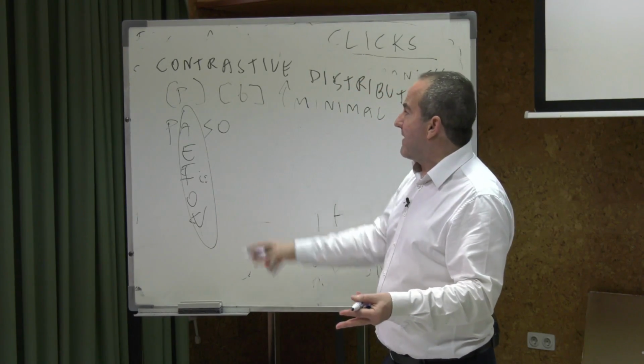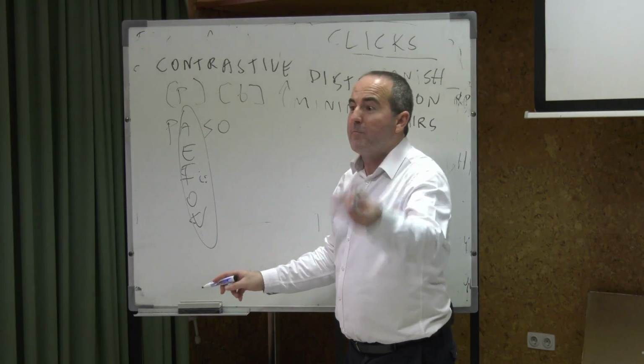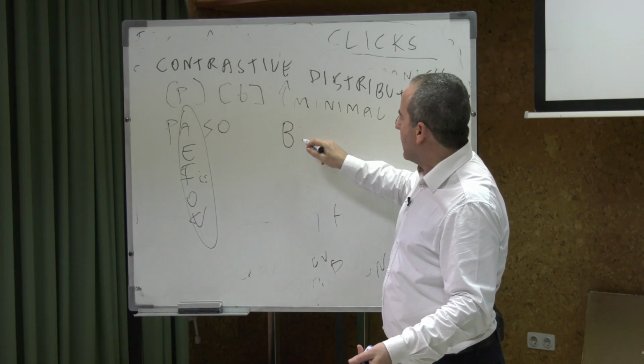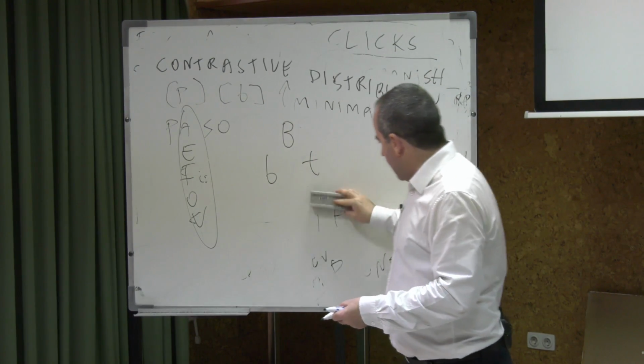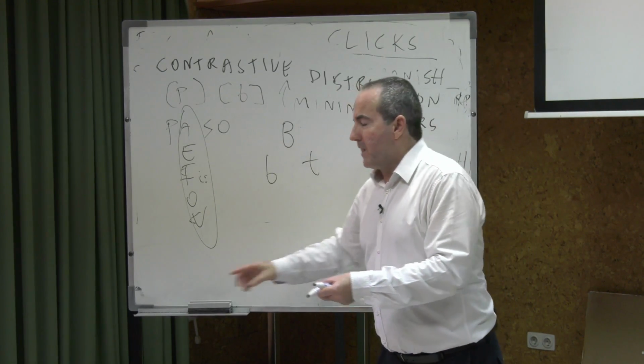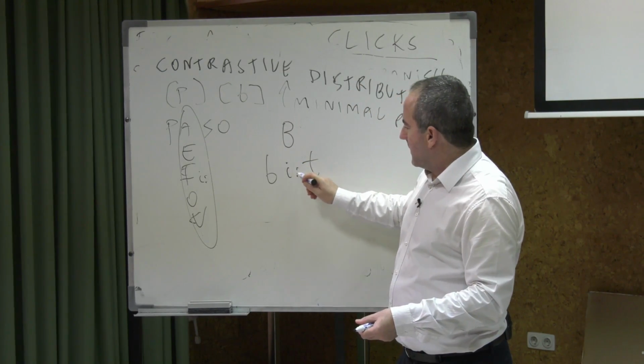Now, how do I know that in English I don't have only 5, that I have more? Because if I find a context, for example, I have B and T, and I start adding different possible vowels.